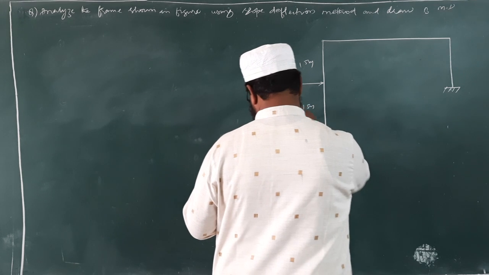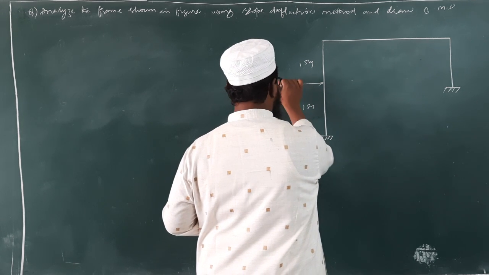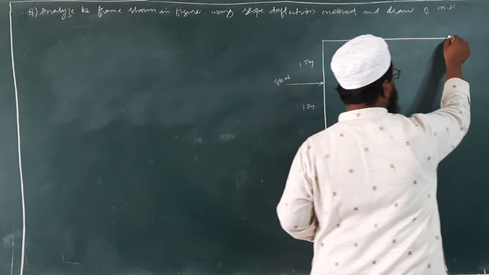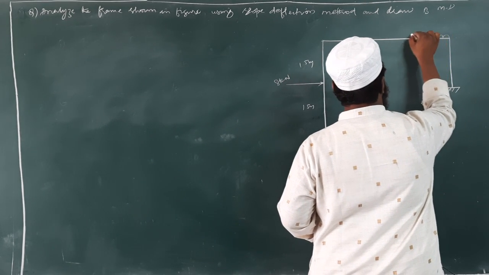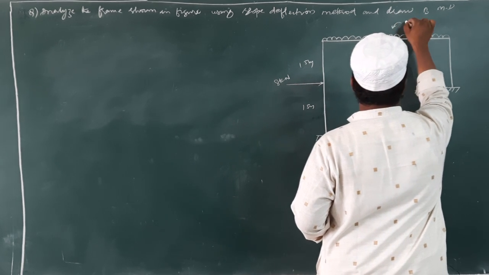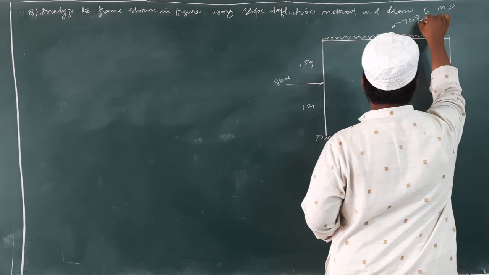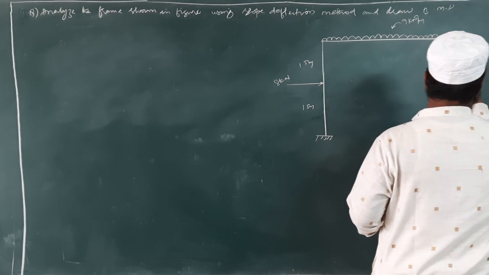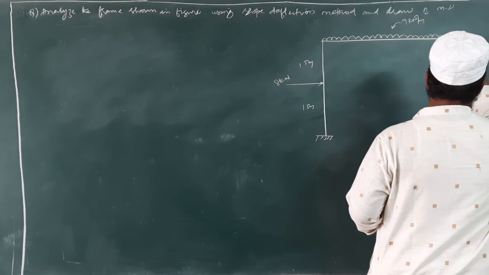And this is 8 kilonewton. We have a UDL over the horizontal span, and this is 9 kilonewton per meter, and this one is 2 meter.